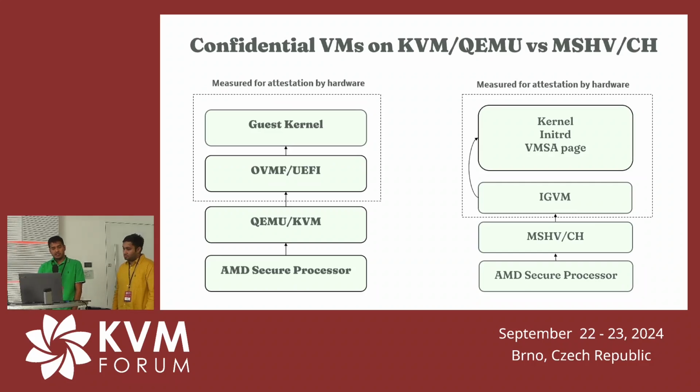For the rest of the talk, when I say CVM, I mean confidential VMs on AMD SEV-SNP. But we know other vendors like Intel TDX and ARM CCA also support confidential VMs.